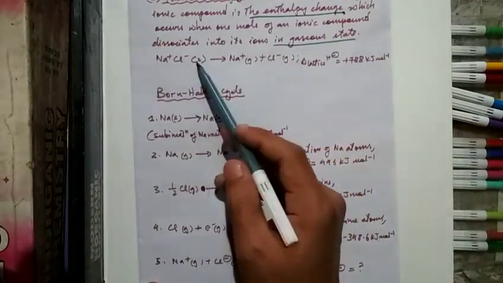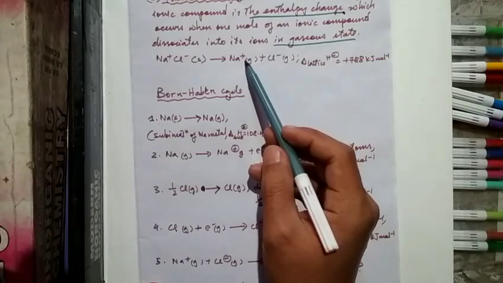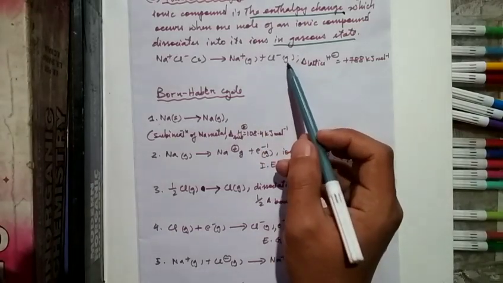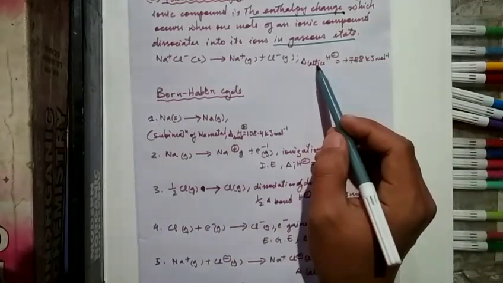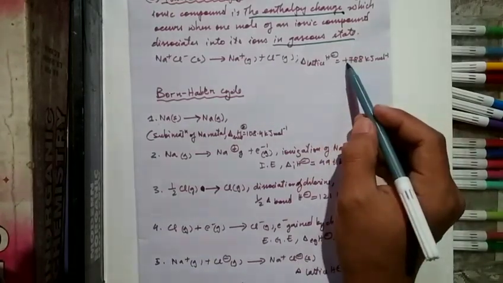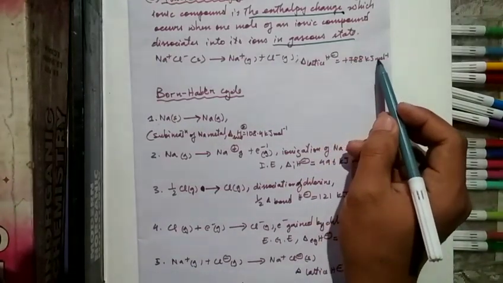So NaCl dissociates into Na plus and Cl minus in gaseous form. Lattice energy here is plus 788 kilojoule per mole.